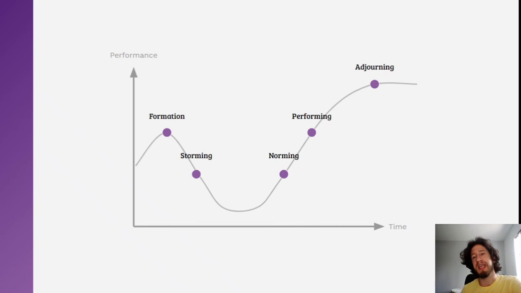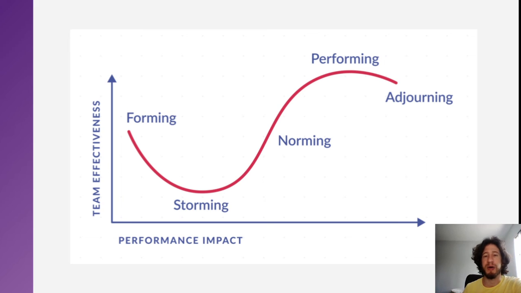And one thing that is very crucial to mention is that whenever you have a new person on the team, you will eventually go back to the forming stage, because every team member has a relationship with the others, right?